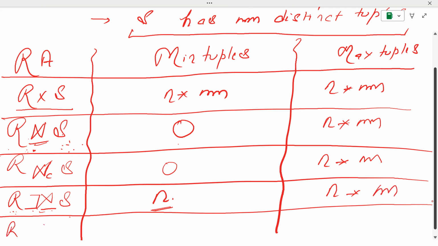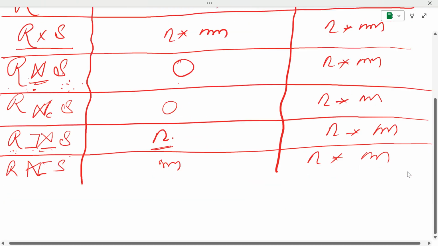For the same R and S, the right outer join with S has a minimum of m and a maximum of n cross m. Then we have something called the full outer join.